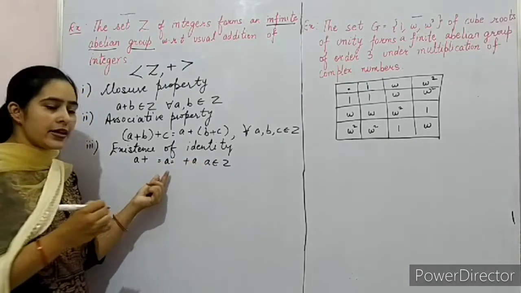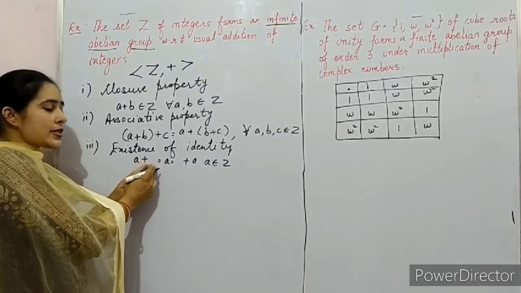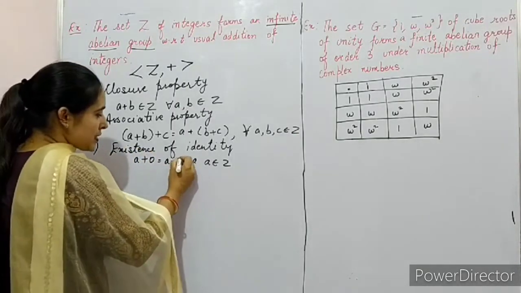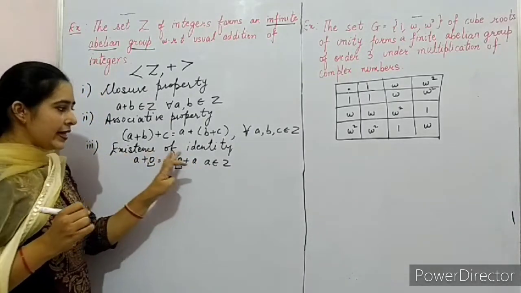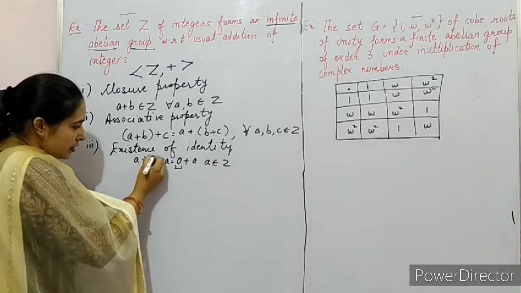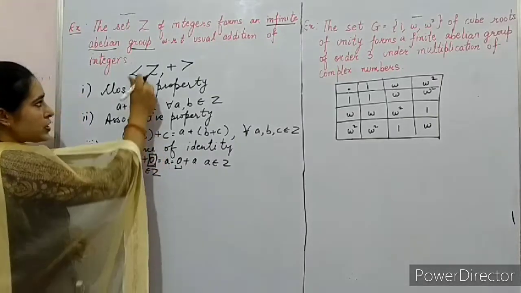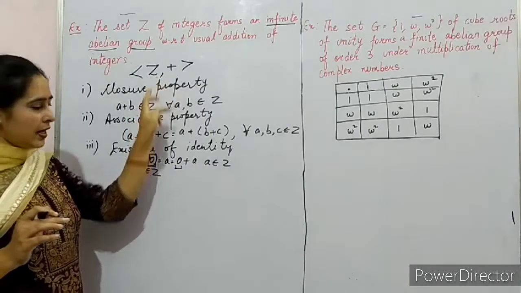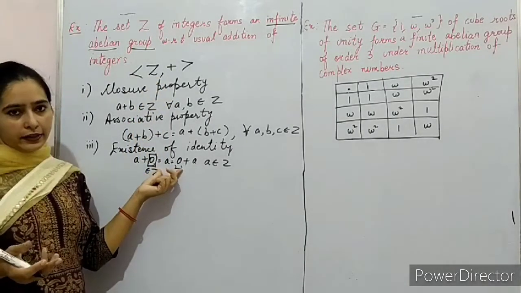We should add 0 here. Why? Because only 0 is the element we can add here to get the answer a again. So 0 is identity. That means identity exists here. And one should keep in mind that this identity should be a member of this non-empty set. And what is this non-empty set here? Z. And this 0 belongs to Z. 0 is an integer. So we have found the identity.